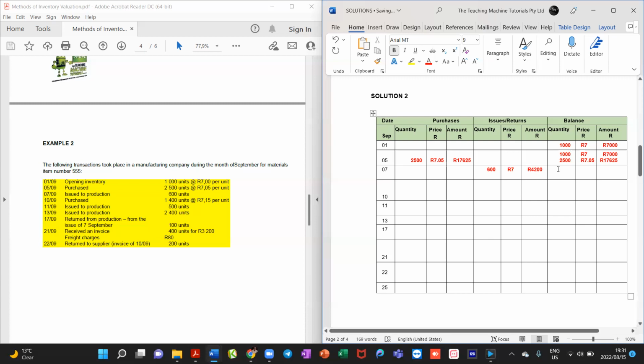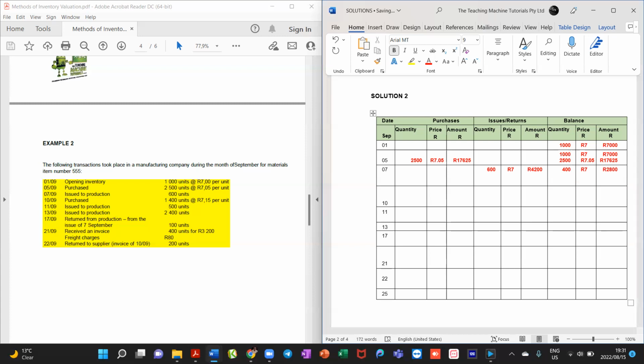If I issue 600 from 1,000, I will remain with 400. 400 times 7 is 2,800. And then what about the second batch? The second batch remains unchanged, 2.5 at 7.05, and the amount is 17,625.